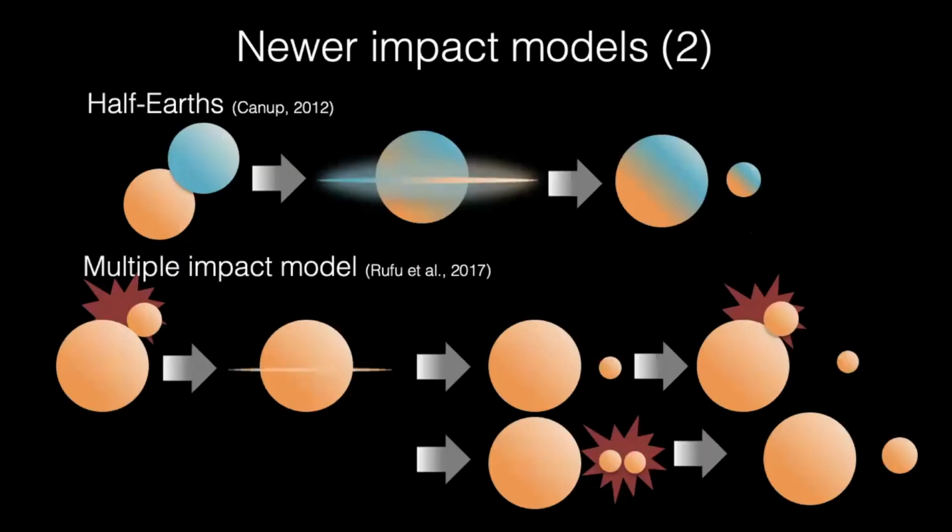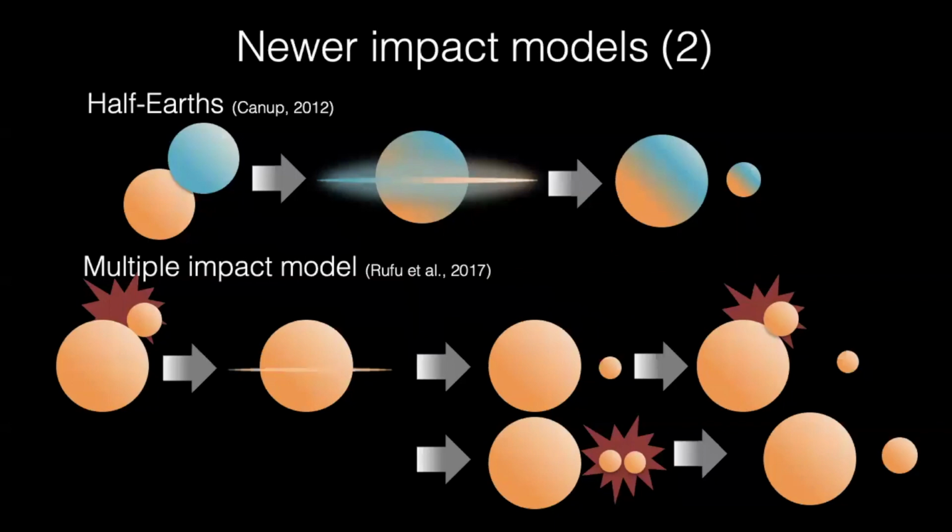The next one is a half-Earth model. In this model, there was a collision between two half-Earth-sized objects, and everything was mixed together, and therefore the Moon and Earth would have had the same isotopic ratios. The next one is a multiple impact model. According to this model, the Moon formed by multiple impacts instead of one single impact.